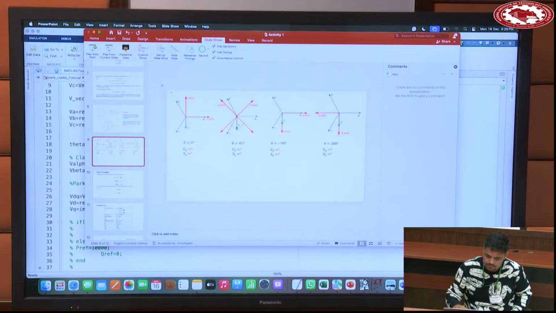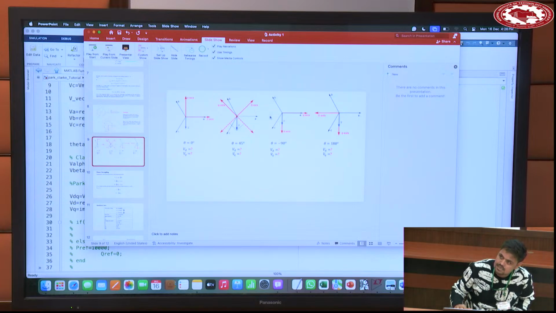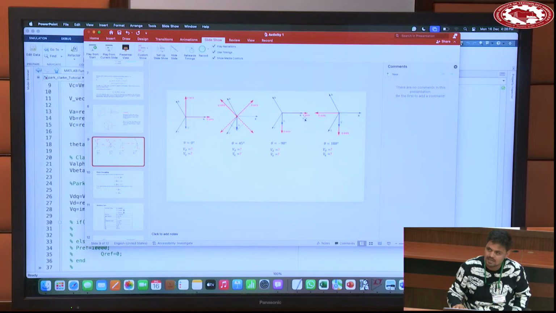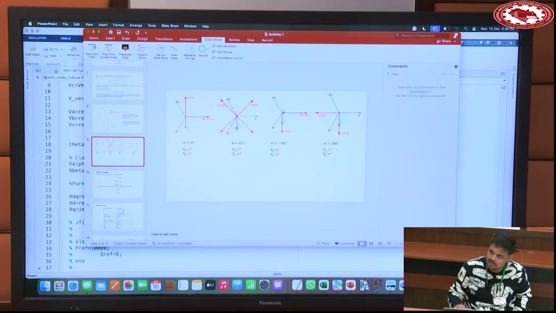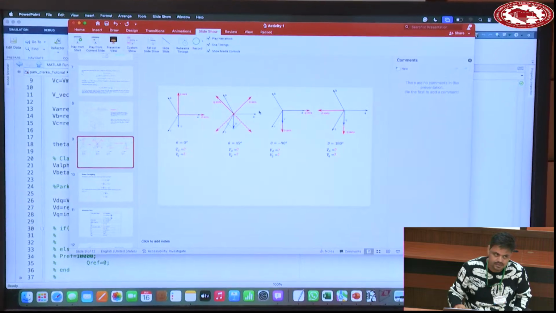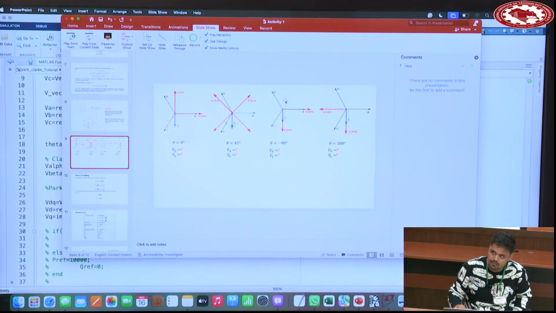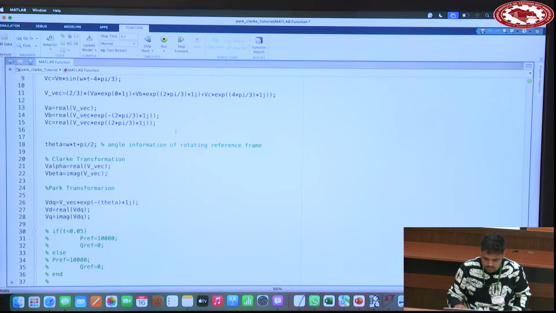What is the situation? Plus 90 degrees means, no, plus 90 is not there, minus 90 is there. Plus 90 means D is here and Q is here, this way. So VD will be the minus of this and VQ will be 0. Let's verify.